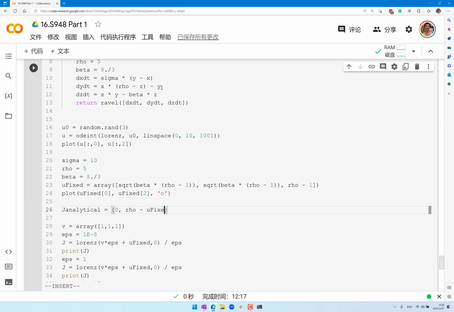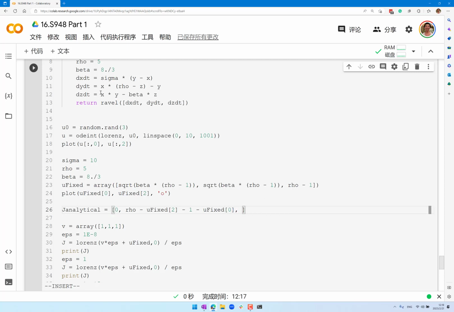So u fixed 2, right? So that's what happens when x gets perturbed. When y gets perturbed, we get a minus 1, right? That's the derivative of dy dt with respect to y. And when z gets perturbed, we get a perturbation by x, which is u fixed 0. So that's the second component.